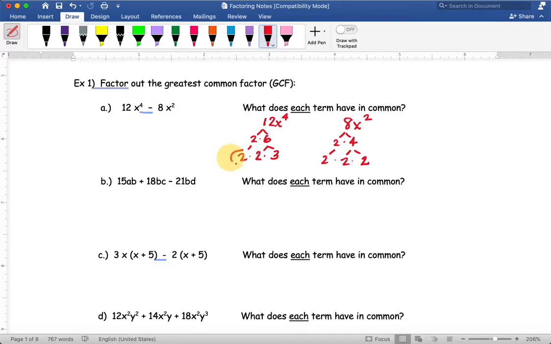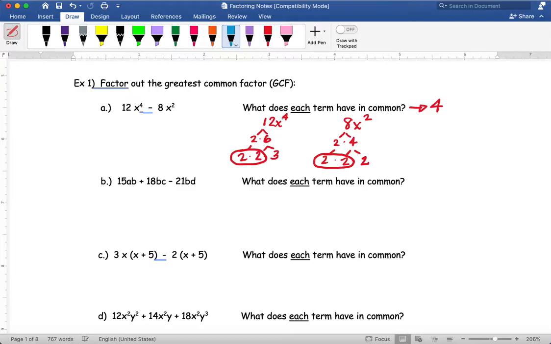Well, this one has 2 2's, and this one has, in fact, 3 2's, but I can only take the same thing out of each one. So guess what? In this example, my greatest common factor is 4, because 4 is going to divide 12 and 8. That's the biggest thing. So far, the numeric part is a 4.